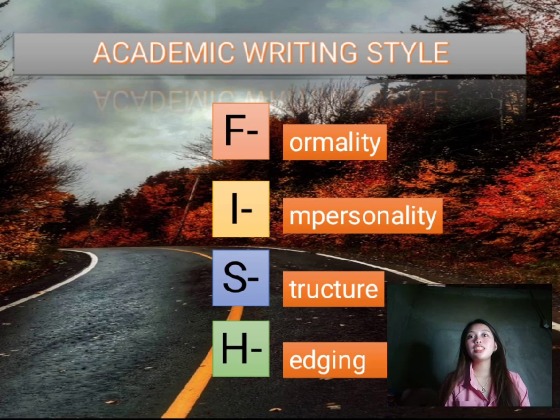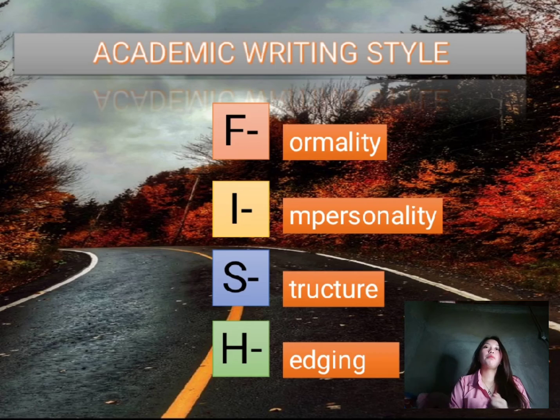The last one is hedging. In academic writing, it is prudent to be cautious in one's statements to distinguish between facts and claims. This is commonly known as hedging. Hedging is the use of linguistic devices to express hesitation or uncertainty, as well as to demonstrate politeness and indirectness.